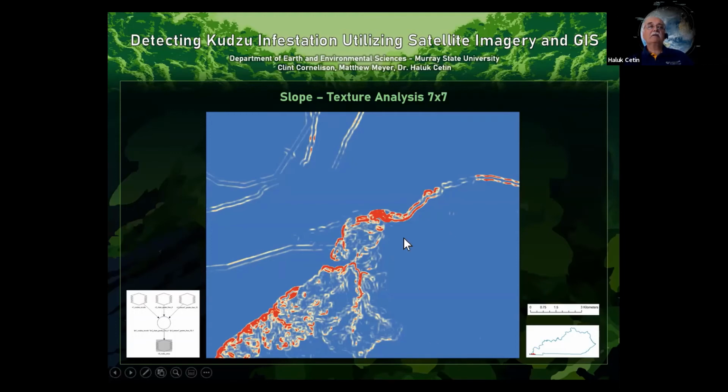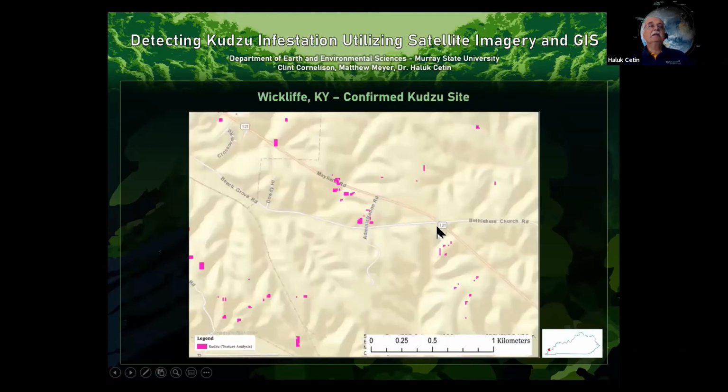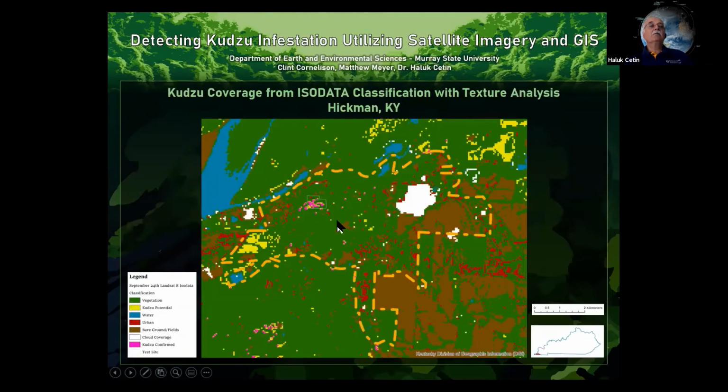We extracted slope maps, and then we ran texture analysis. These are some of the confirmed Kudzu sites in the Wycliffe area, overlaid with confirmed sites. This is the largest site in Hickman County.